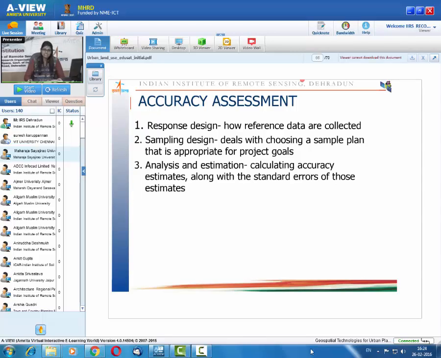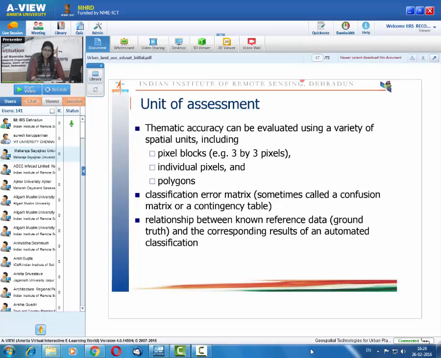Now there are various techniques of doing accuracy assessment. Kappa statistics is the most famous of all. So how do we understand that this particular image has been classified correctly, or what is the percentage accuracy?